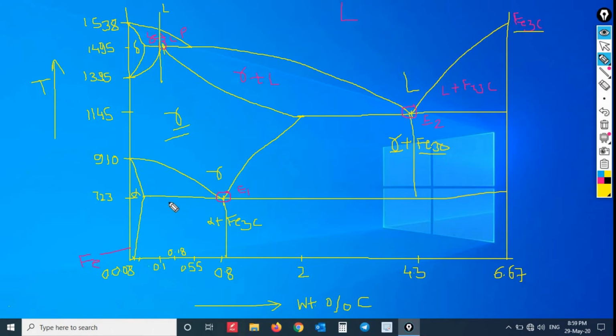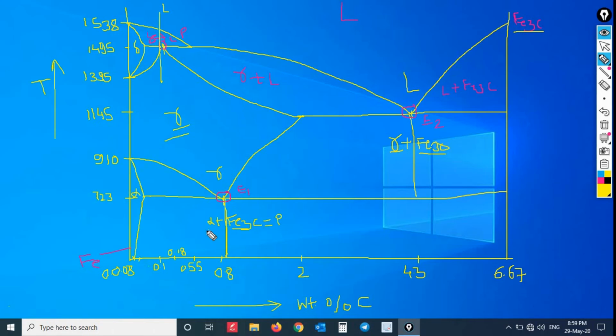And at the eutectoid reaction, at 723 degrees Celsius and 0.8% of carbon, gamma gets converted into alpha plus Fe3C. Now you can see that even the mixture of alpha plus Fe3C is called pearlite.